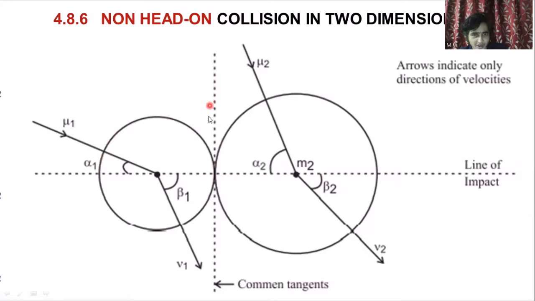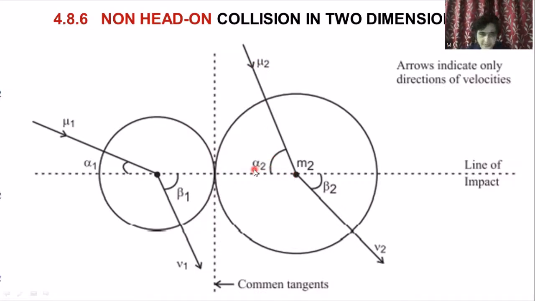See, we can see this is a common tangent, and so this will be the line of impact. Let us consider this line of impact as x-axis and the common tangent as y-axis. So we can see this is angle alpha 1. So initial velocity makes an angle alpha 1 with the line of impact. For my body m2, this angle is alpha 2.